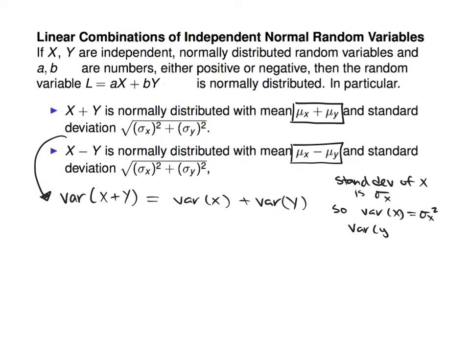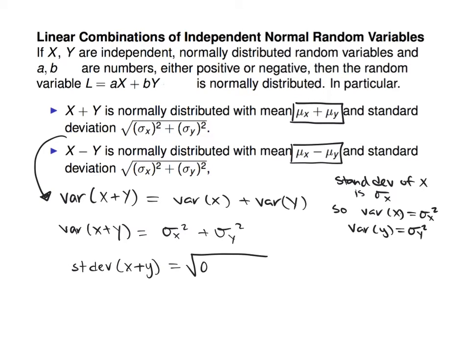And similarly, the variance of y is going to be sigma sub y squared. So there we have the variance of x plus y is sigma sub x squared plus sigma sub y squared. So to find the standard deviation, we'll call it StDev of x plus y, you take the root of this expression, and that's where that formula comes from.